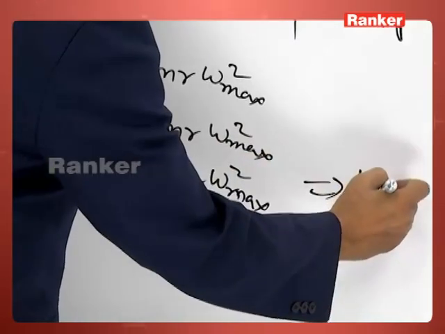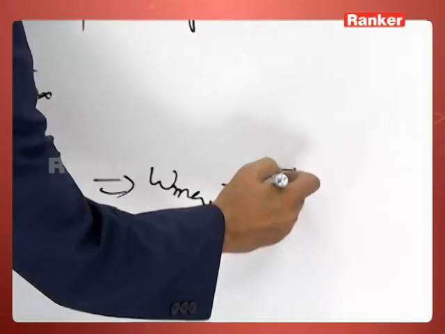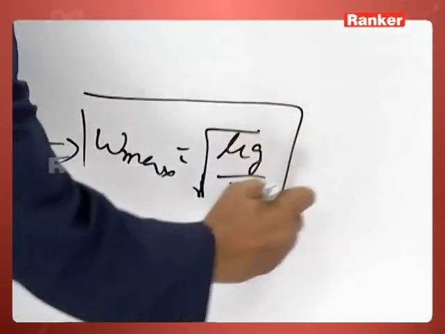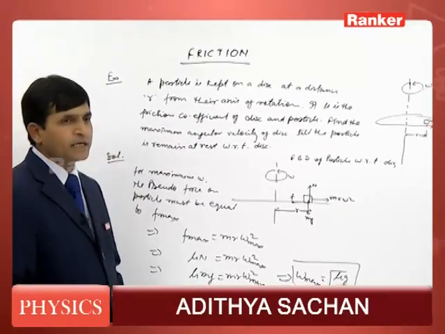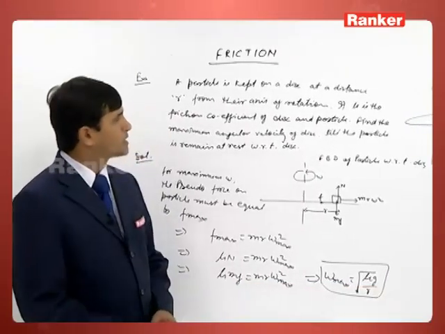So omega maximum must be equal to the square root of mu g by r. This is the answer of this problem. So this is one more example. In this manner we can solve problems based on friction.